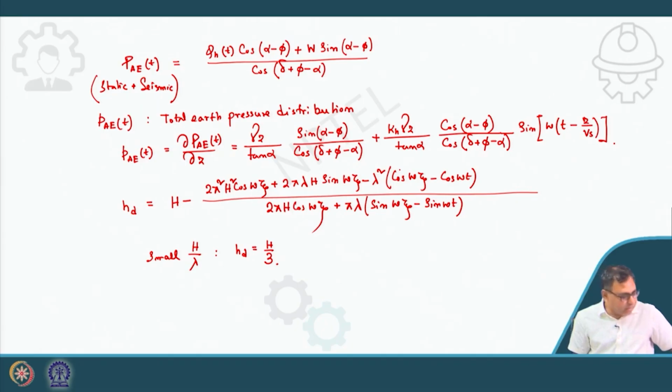Okay, so now, as I mentioned, I will solve one particular problem on this waterfront retaining structure. I will solve one example problem and show you how we can consider the forces.